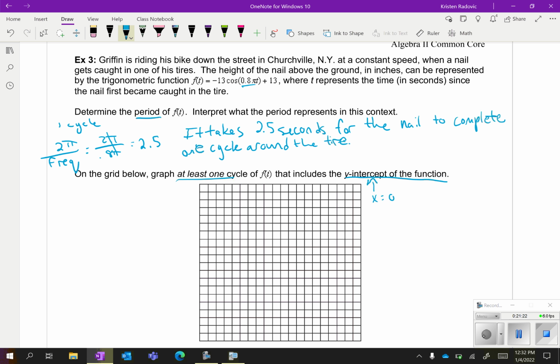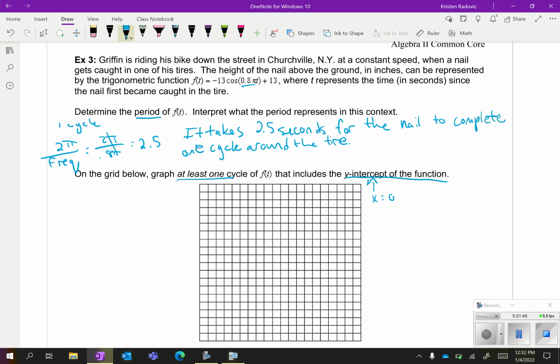And notice how they didn't give you any axes at all. So my suggestion is to figure out what all of your values are going to be first. Figure out what values you need on the x-axis. Figure out what values you need on the y-axis. And then you can determine where you need to place these axes. That way you fit everything in on the graph.